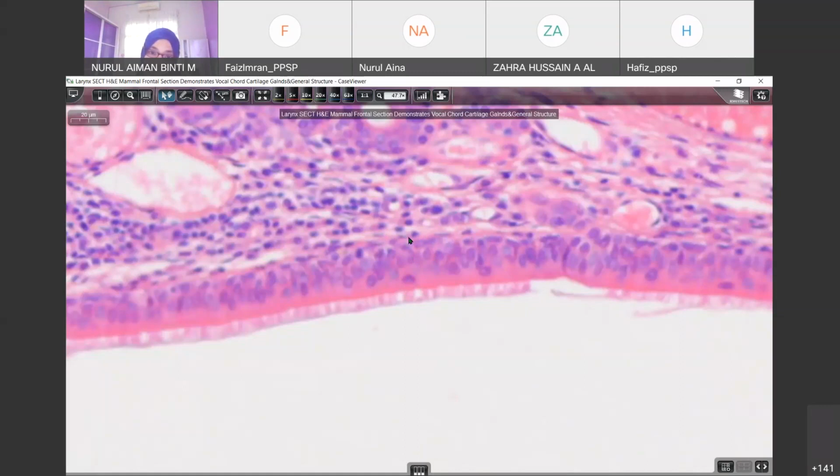This is the basal lamina of the pseudo-stratified columnar epithelium, and you can see the nucleus is not at the same level. Some of it is here, some of it is here, here, here. So you look at it and it looks like stratified columnar. But this is pseudo-stratified columnar epithelium.